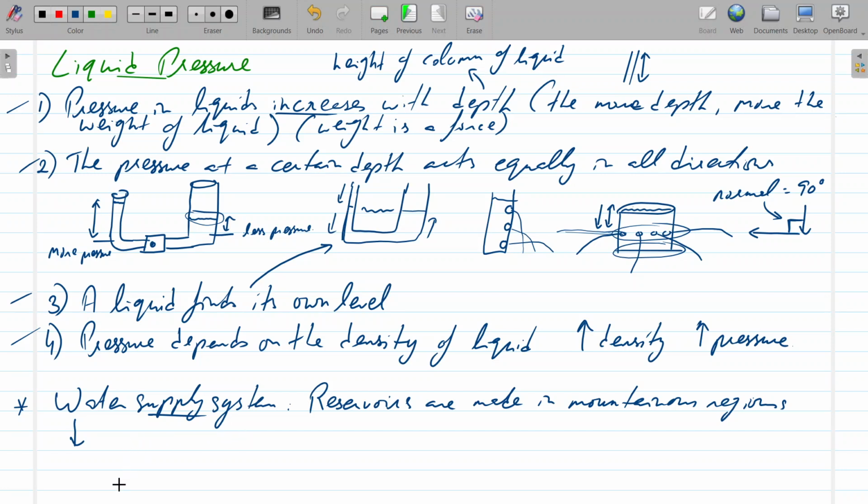And so, the lesser the distance between the supply and the outlet, point number one, the lesser the height, the lesser the pressure. So in this case, the people in the lower floors actually have better water supply in terms of pressure.